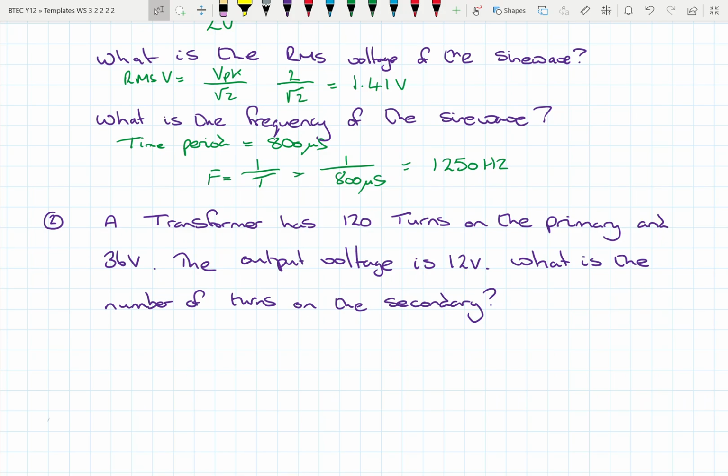So let's put the information we've got into the formula. So V1 over V2 is equal to N1 over N2. Okay, so we know that we've got 36 over 12 is equal to 120 over N2.